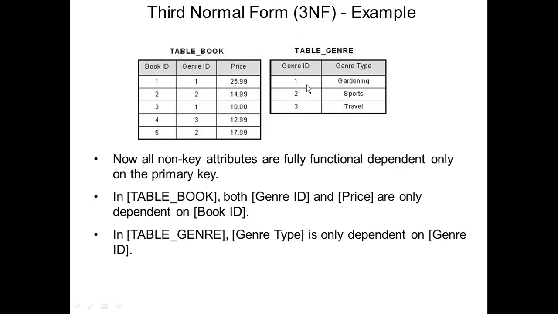Now here there is no transitive dependency because genre ID is dependent on book ID and in the second table genre type is dependent on genre ID. So as the transitive functional dependency is removed, this is the third normal form and every column is dependent on the primary key.